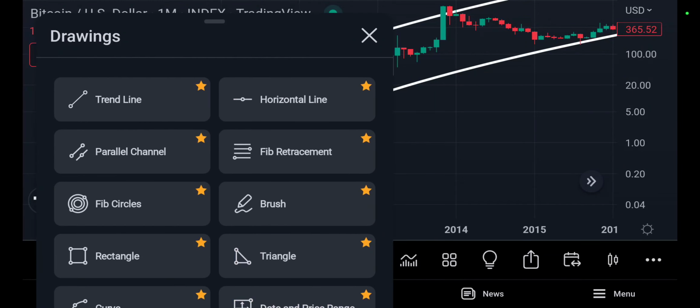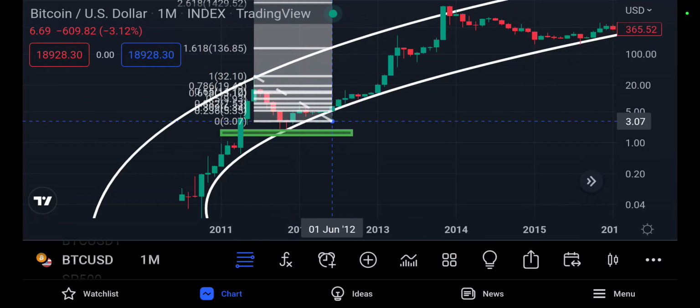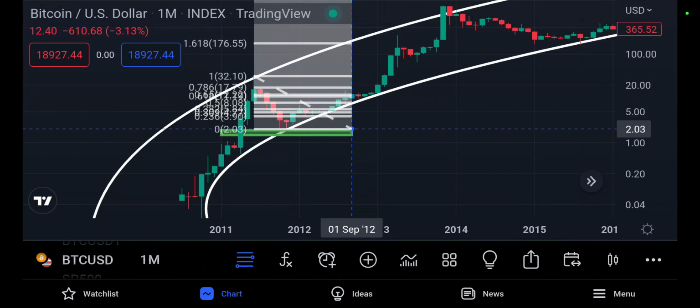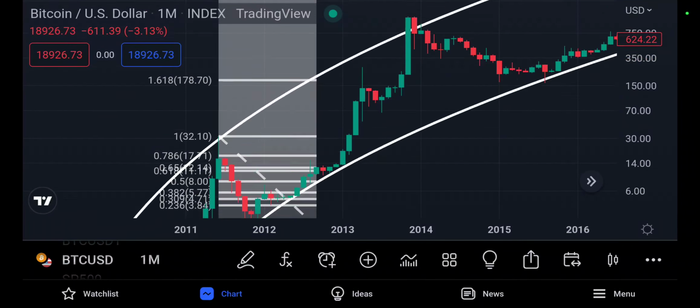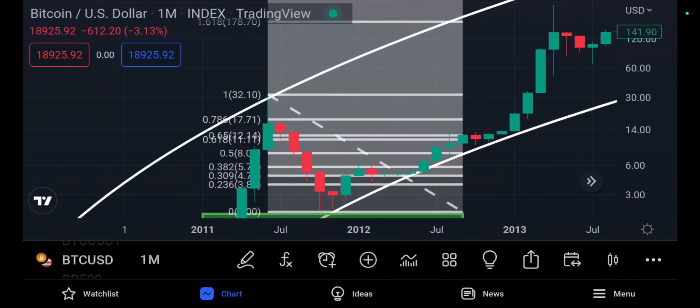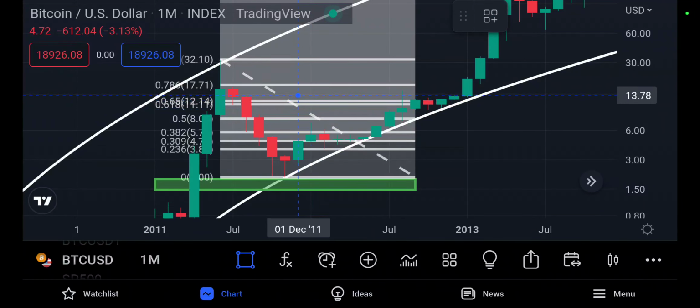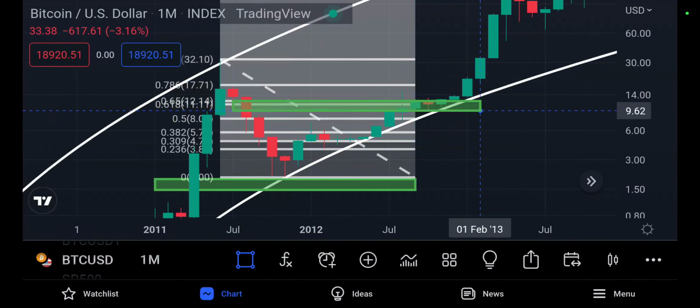We use another Fibonacci tool from the top to the bottom of where we bottomed out at. Look at the 0.618 Fibonacci. This entire range.